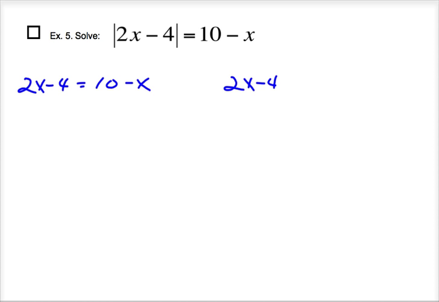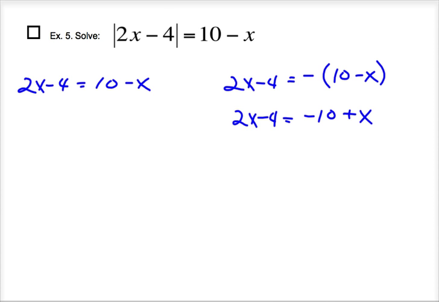So instead of 10 minus x being over on the right, we could also have the opposite of that. It could be negative, in parentheses, 10 minus x. This one, we have to be careful. Negative quantity 10 minus x turns into negative 10 plus x. So you end up switching both signs over there. Has to be both, otherwise you're not going to get it set up right.